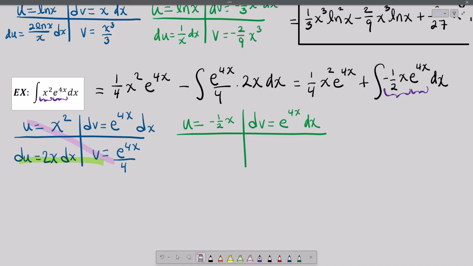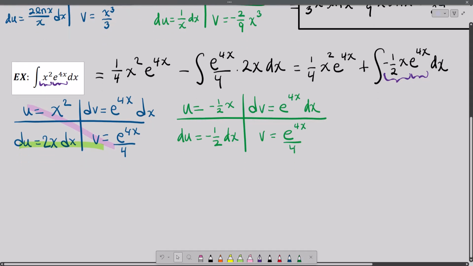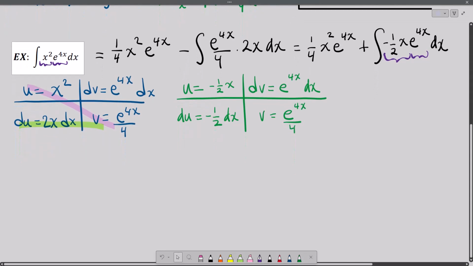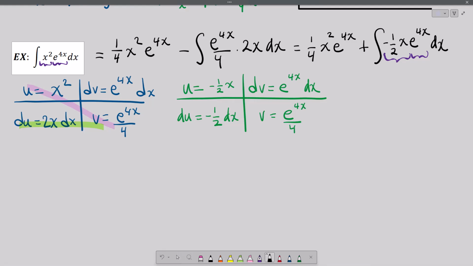So then the derivative of u is going to be minus 1/2 dx. And the integral of dv is v, and we end up with an e to the 4x divided by 4. And now we're ready to do the ultraviolet voodoo part.